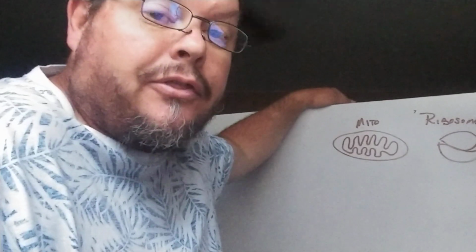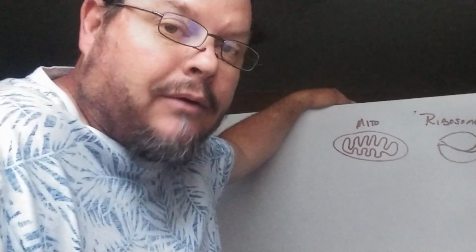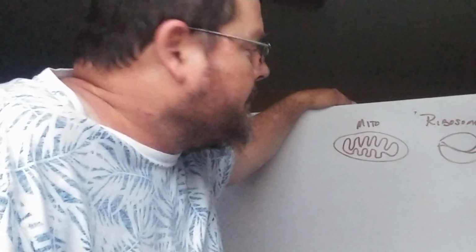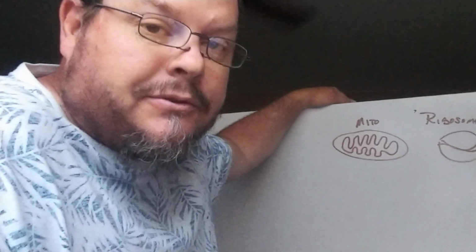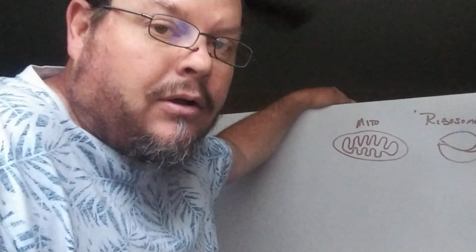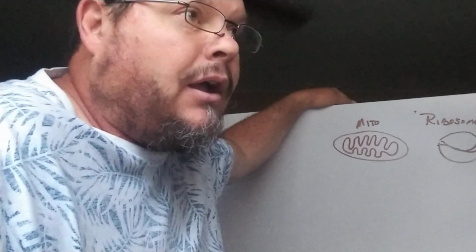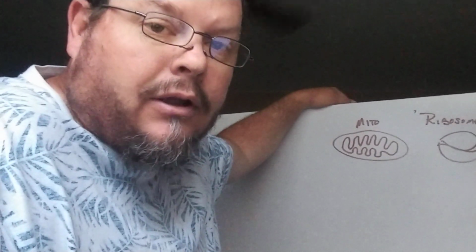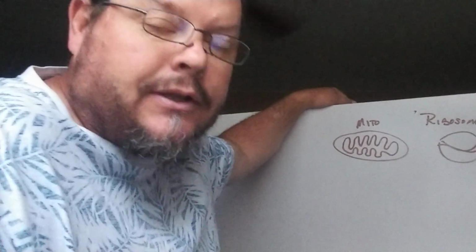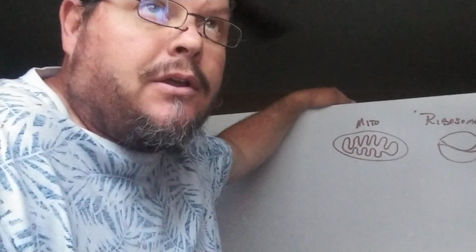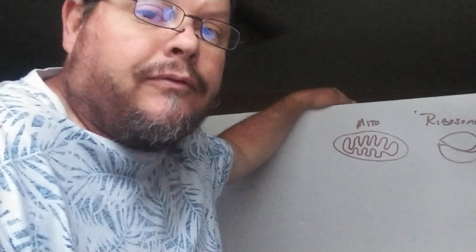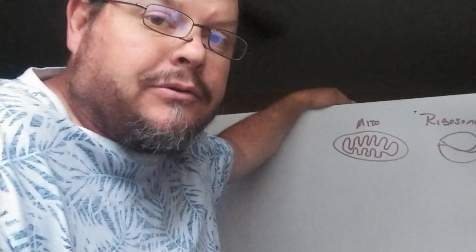Okay, moving on to the third organelle that I want you to know inside the cell, and that is the endoplasmic reticulum. There's two types of endoplasmic reticulum, abbreviated as ER. The first is called smooth ER, and the other one is called rough ER. The difference is smooth ER doesn't have any ribosomes attached to it, which would make it look rough.